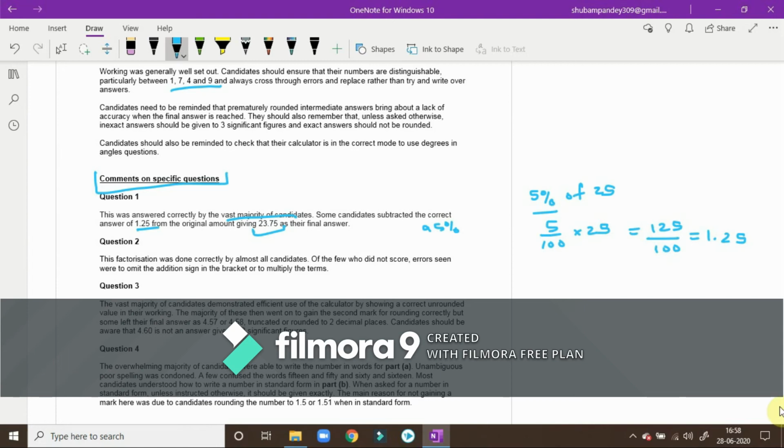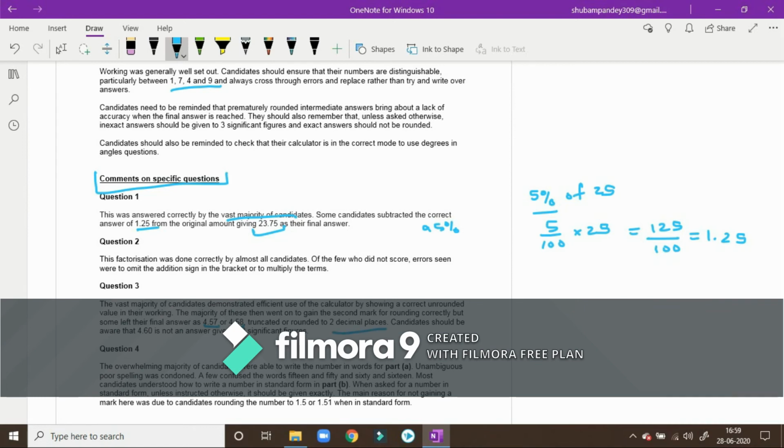Now if you read this, the majority of the candidates demonstrated efficient use of calculators. That is, they had the correct unrounded value in their working, so they had gained their marks over there. But some of them left their final answer as 4.57 or 4.58. That is, they had just rounded off to two decimal places.